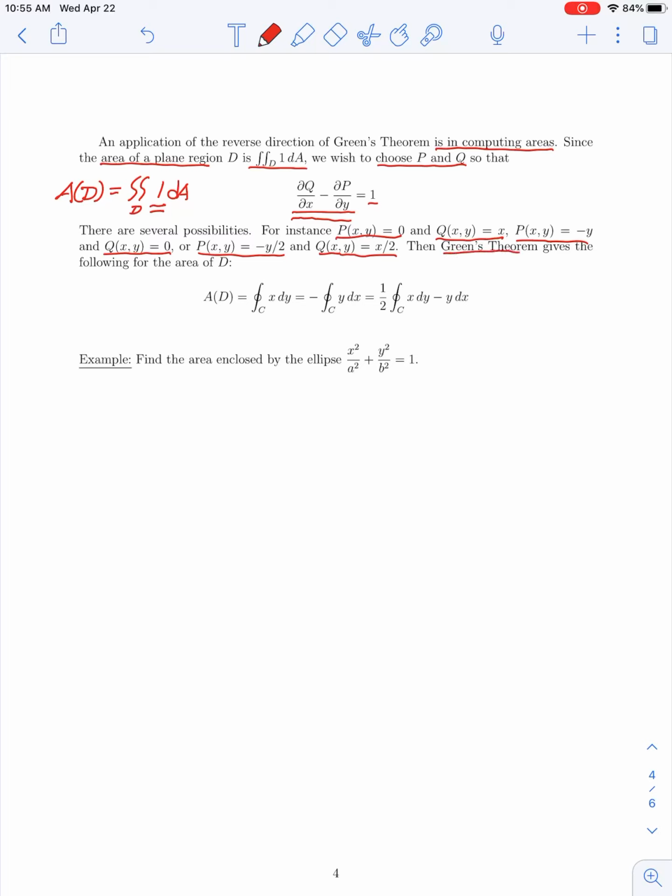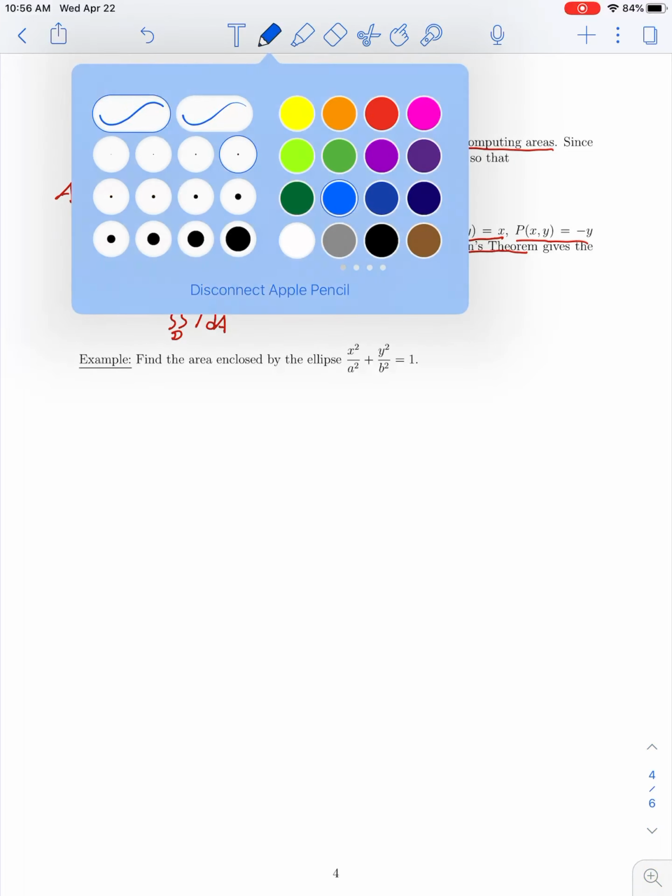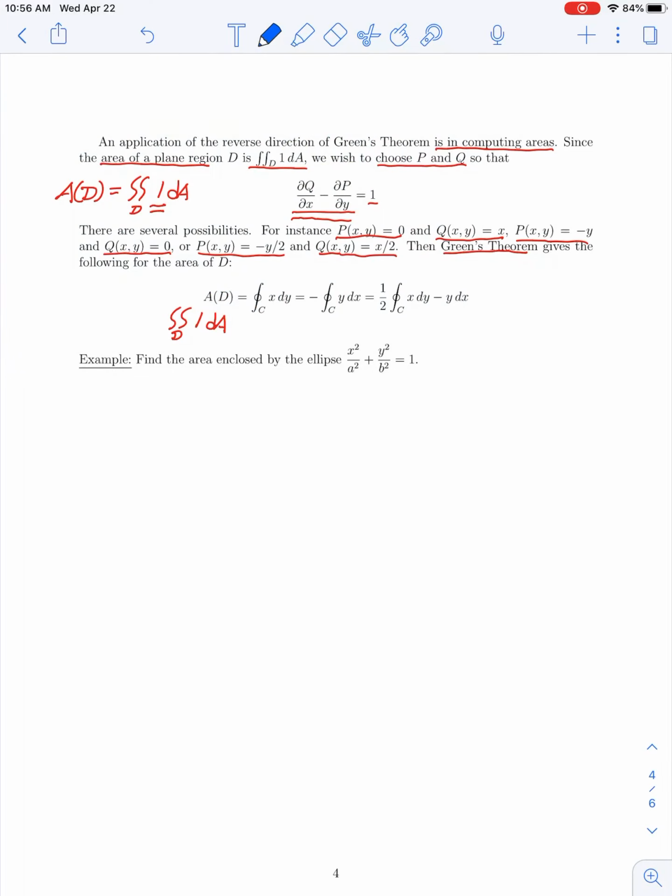In which case Green's theorem would give us the following formulas for the area of D. So the area of D, which is this double integral of the constant 1 over this plane region, would be found by looking at the line integral of q with respect to y. So in our first choice, where we let q be equal to x, we would have x times dy.